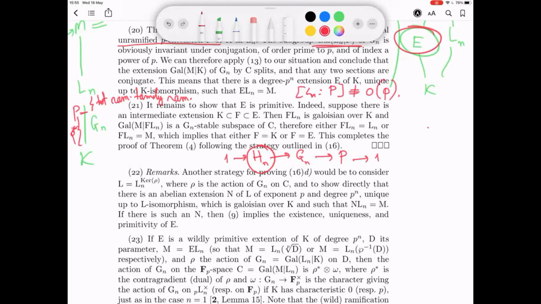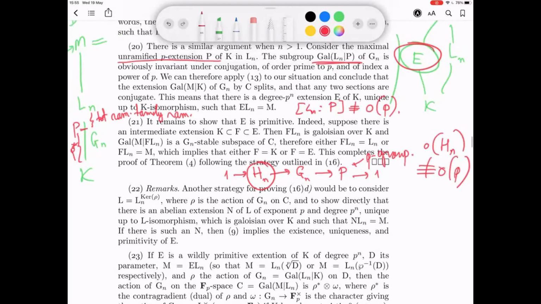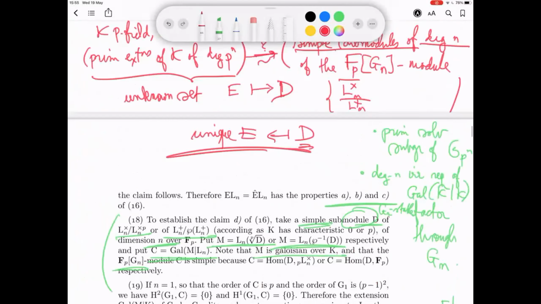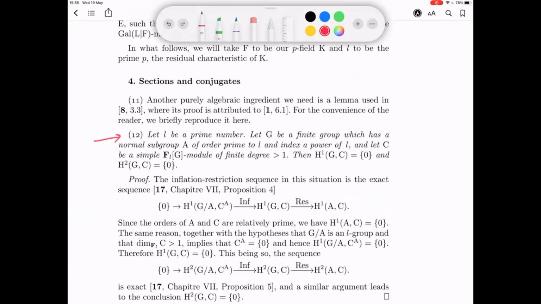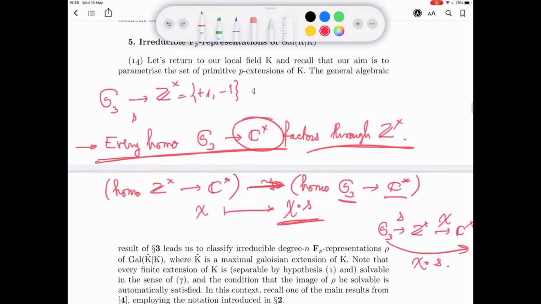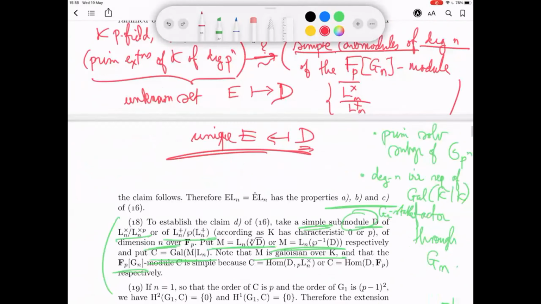In other words, the order of H_n is prime to p, and the quotient is a p group. Now, that's exactly the kind of situation that we had considered here in this lemma. So this lemma was designed exactly for this sort of a purpose.